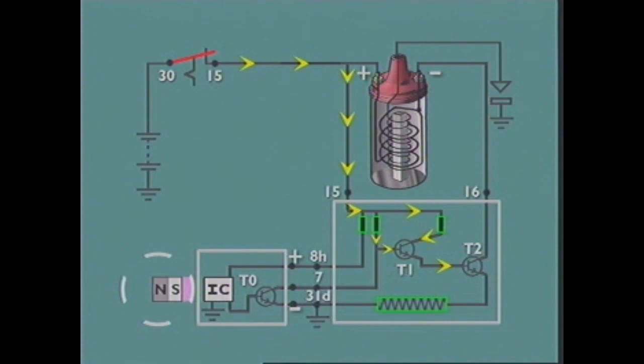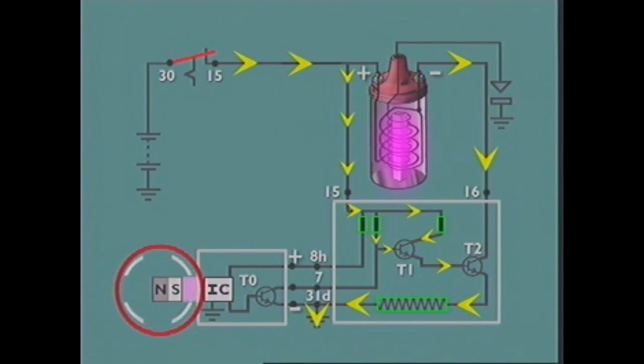This heavier current then flows through the base emitter of T2, and T2 is switched on. Current can now flow through the ignition coil primary winding and through the collector emitter of T2 to ground. This completes the primary circuit and establishes the magnetic field in the ignition coil.